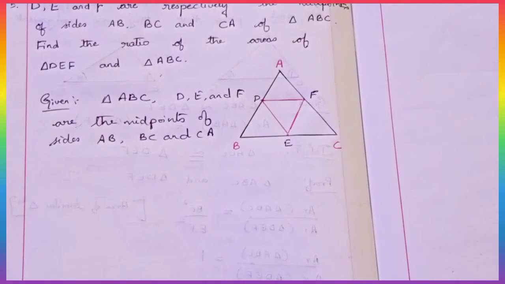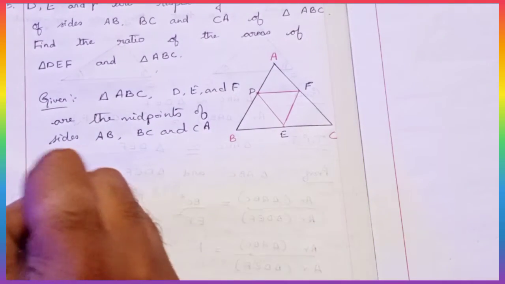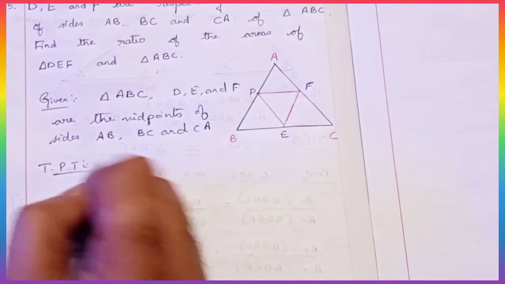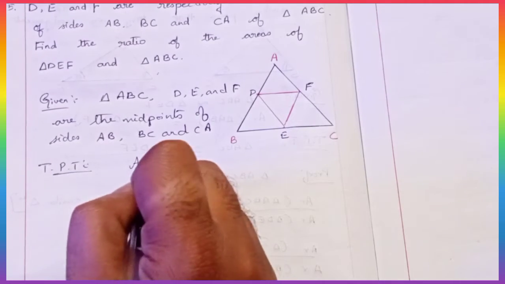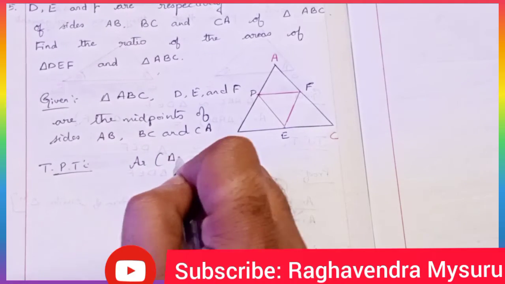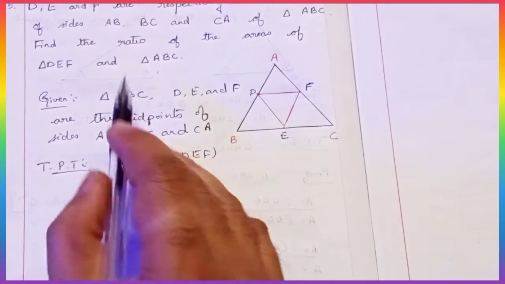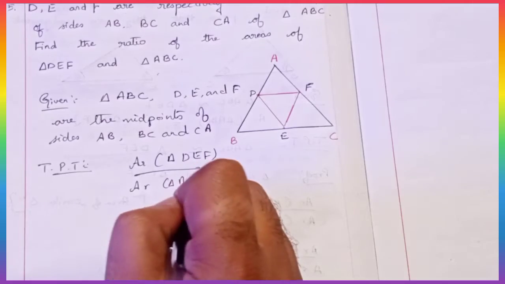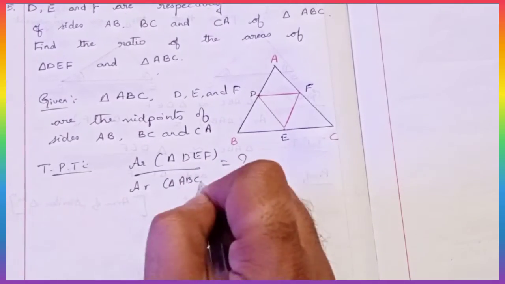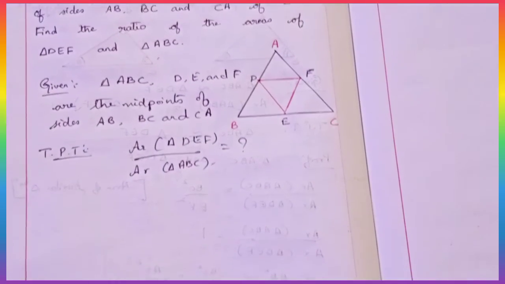This is given. So what we need to find out is the ratio of the areas of the triangles, that is area of triangle DEF, because they have given DEF first, by area of triangle ABC is equal to question mark. We need to find out this.